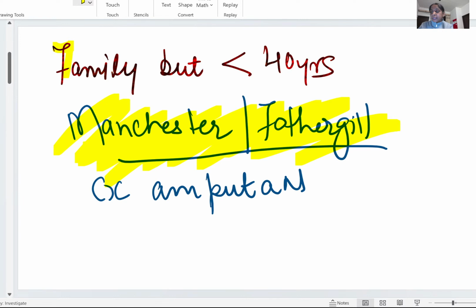Completed family means they have completed their mother-father roles. We do the cervix amputation. Clear?